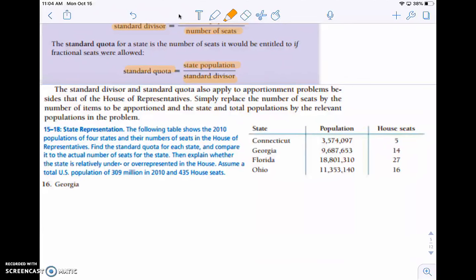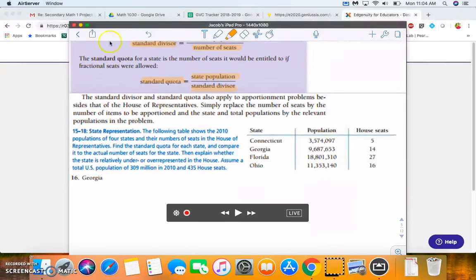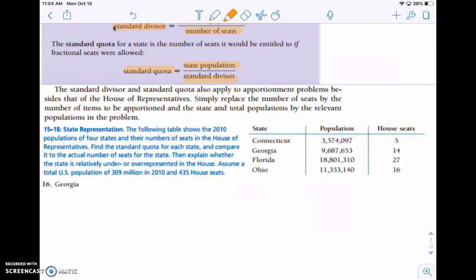So if we're not looking at the House of Representatives, but we've got a total number of items and they need to be distributed or divided amongst a certain number of entities, we can generalize this to more than just the House of Representatives. But the House of Representatives is a very applicable application that we can use and that is used.